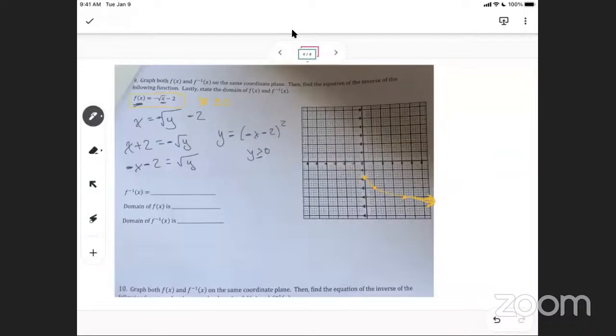What kind of graph would this be if I've got a negative x minus 2? I'm going to erase this for a second so I can write underneath it. This is going to be like -1 times x plus 2 squared.